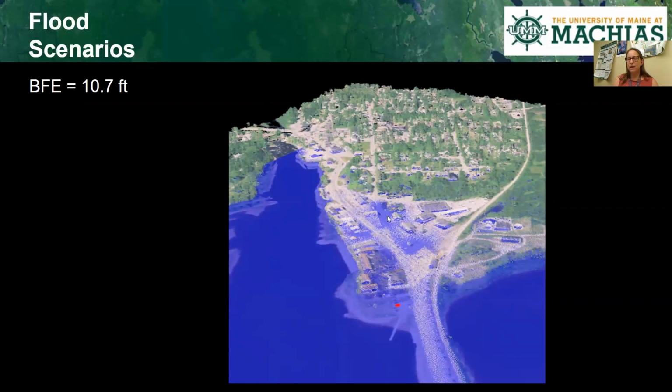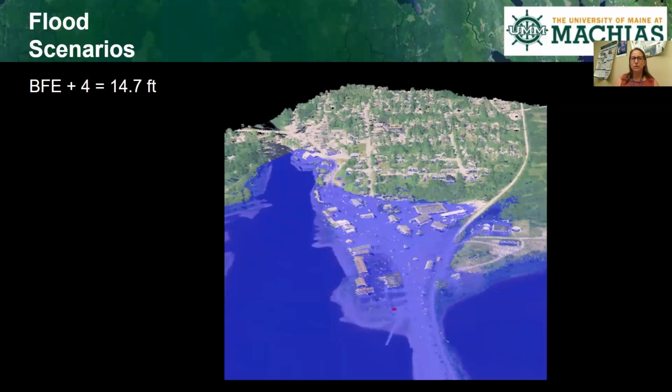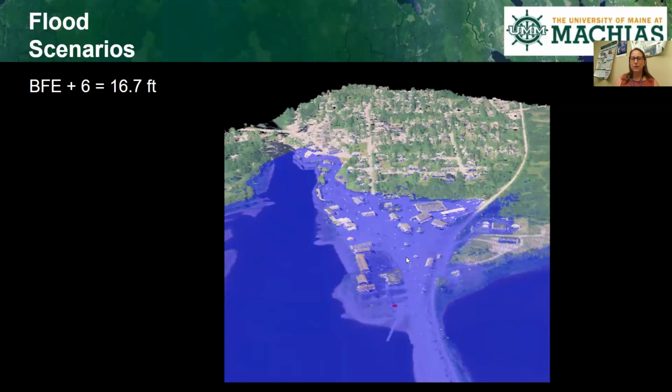You can see some of the water's coming up in through the downtown. We've had at least 4 floods of this level over the last 6 years. So this is no longer a base flood, no longer a 100-year flood. This is getting to be more frequent with sea level and storm surges as they rise. 12.7 foot, so base flood +2, base flood +4, and base flood +6.